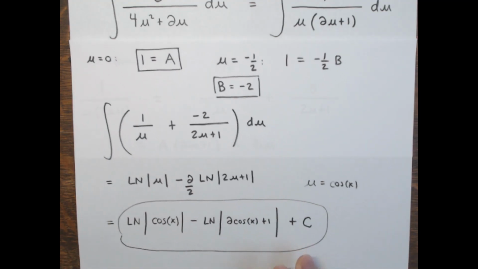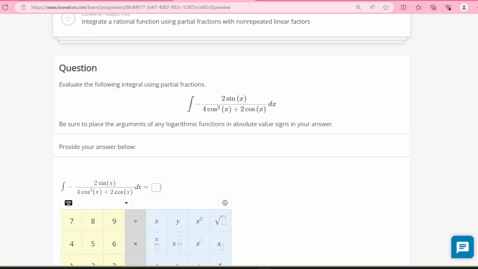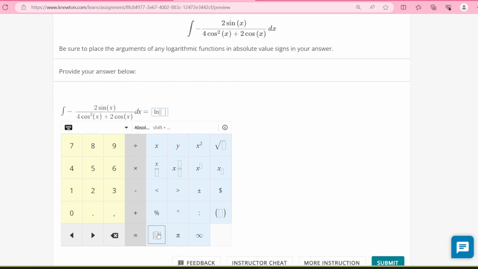Again, I probably should check my work, but I'm pretty sure I didn't make any arithmetic mistakes this time. So this is what I'll punch in. So we have the natural log of the absolute value of the cosine of x. We can get out of there.